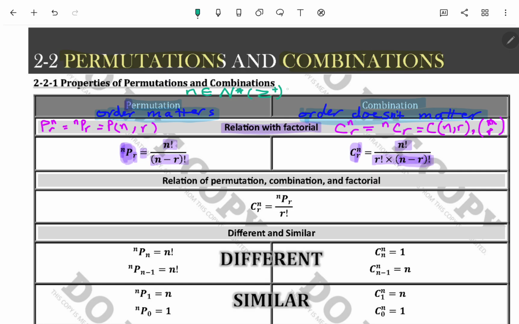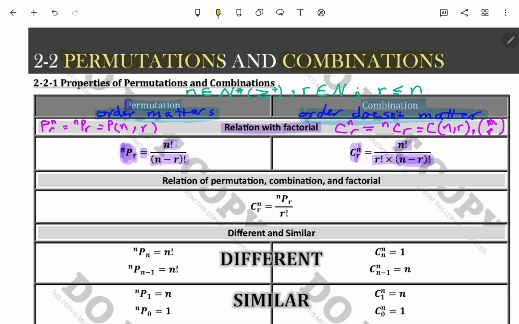That means it can start from 1, 2, 3, 4, 5 and go on. But r belongs to natural numbers. That means it can be 0, 1, 2, 3, 4. No decimals, no fractions at all, no negative values. And also we have to focus on the value of r being always smaller than or equal to the value of n. It can't be more.